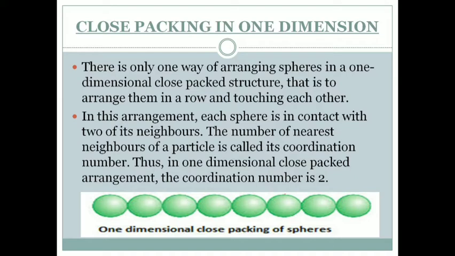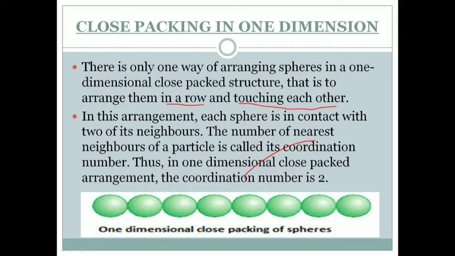Let us come to close packing in 1 dimension. In 1 dimension, there is only one way of arranging spheres in a 1-dimensional close packed structure. That is to arrange them in a row and touching each other.